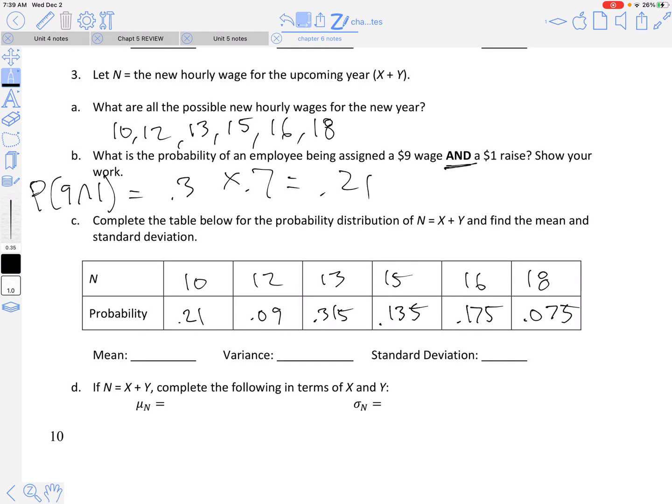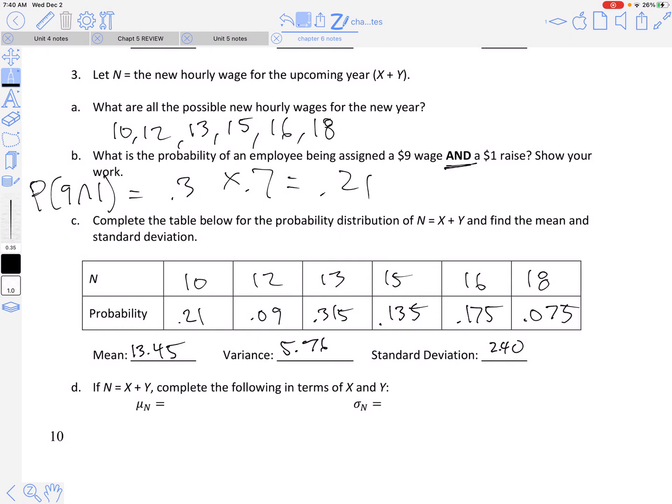Okay, so I found the new mean. I put these in my calculator again in list 1 and list 2, and I found $13.45, and the standard deviation was $2.40, and the variance, when I squared $2.40, was $5.76. Okay?